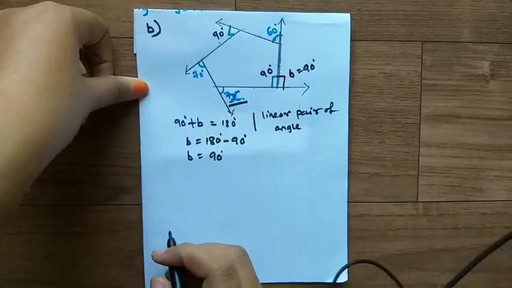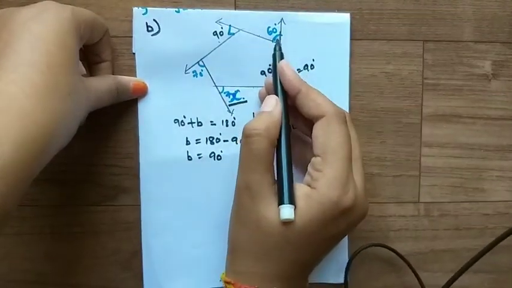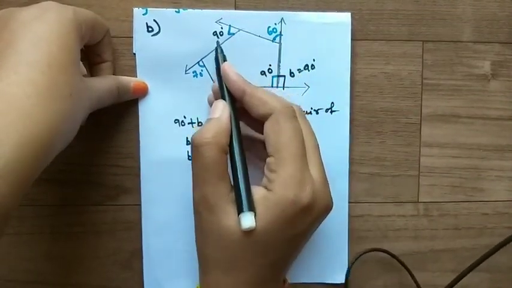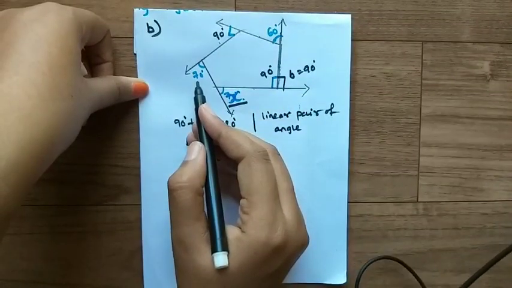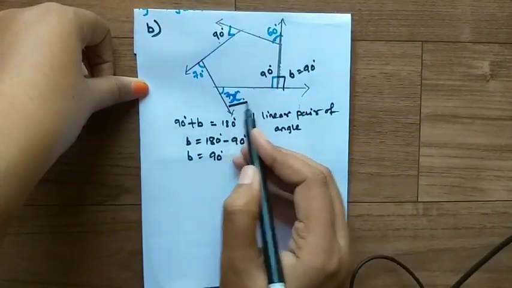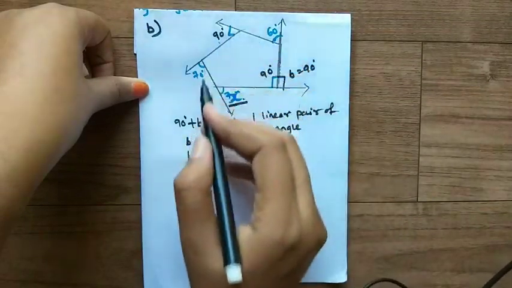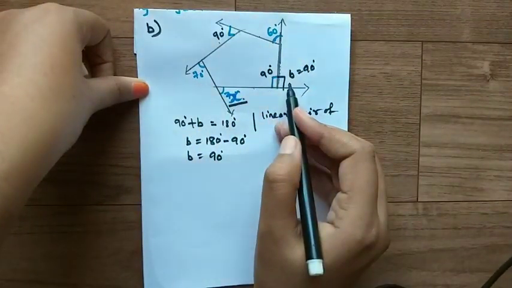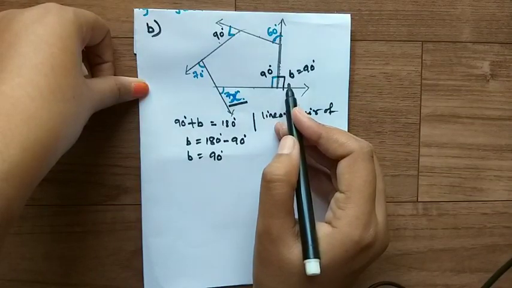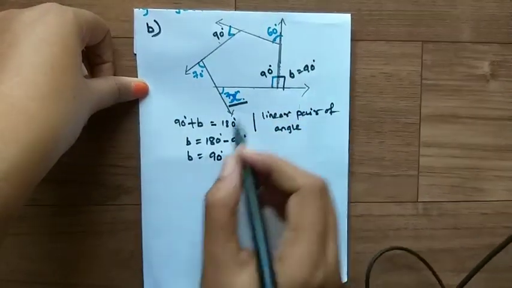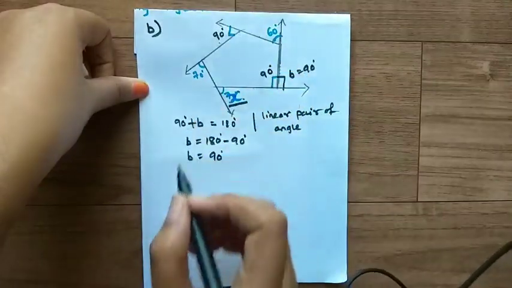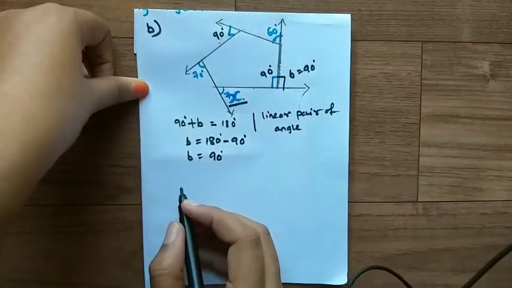So now we know all the exterior angles. One is 60 degrees, another is 90 degrees, another is 70 degrees. Here we have to find the x value, and this angle is 90 degrees. So the sum of these exterior angles is equal to how much? 360 degrees. We are applying the first formula again: the sum of all exterior angles is equal to 360 degrees.